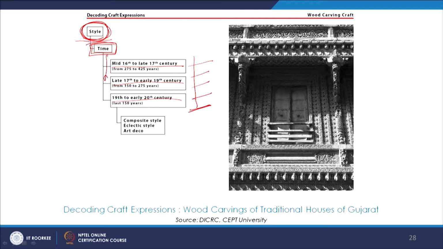So here, like this one, there is also a description of style which is associated with it, and that's how we try to talk about different styles associated with a different timeline. So when is it Art Deco, when is it Art Nouveau, when do we see an eclectic style, when is it modern, postmodern.